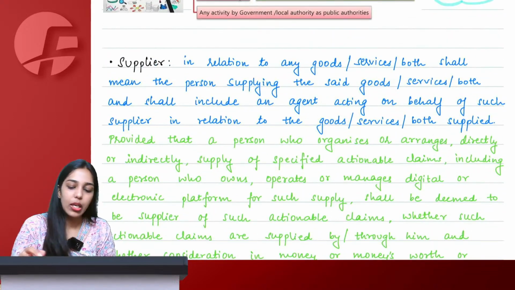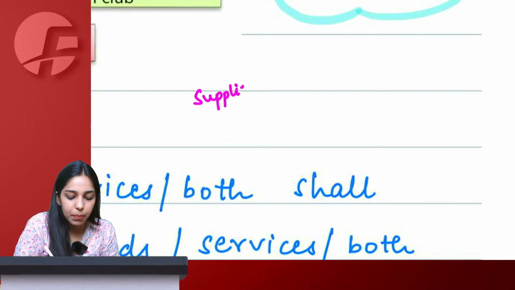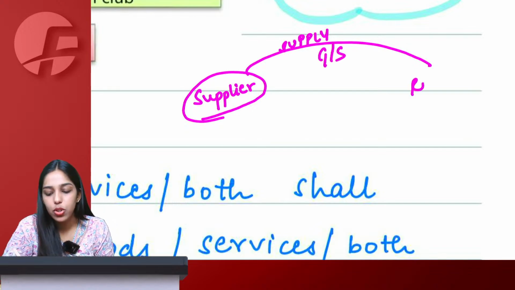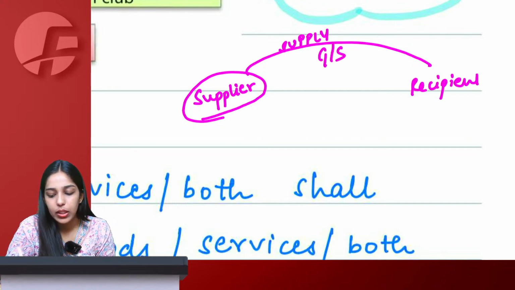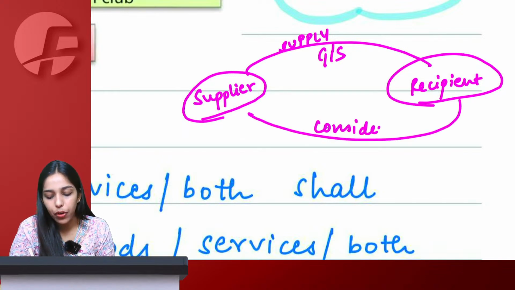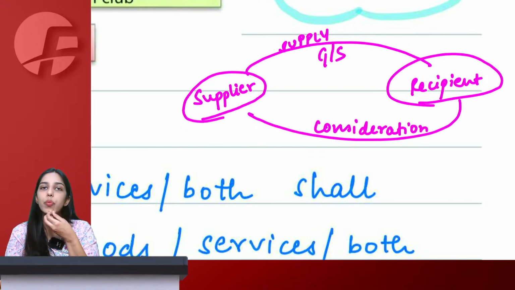Right. Okay. Come to this diagram where I say a supplier would supply goods or services to a recipient, and the recipient in return would pay some kind of consideration. This is how an entire transaction works, right?